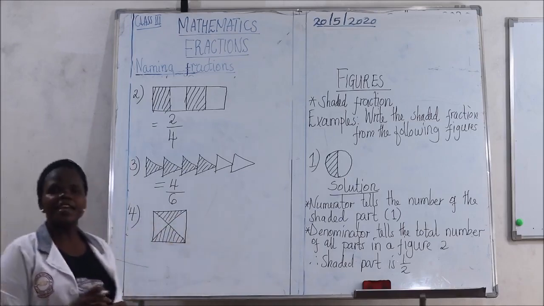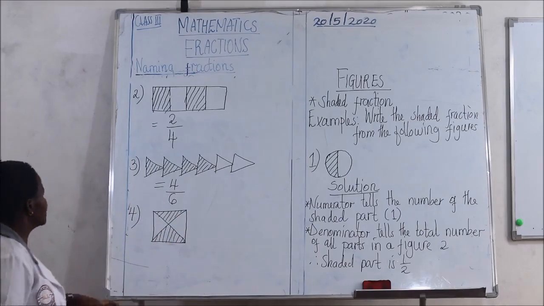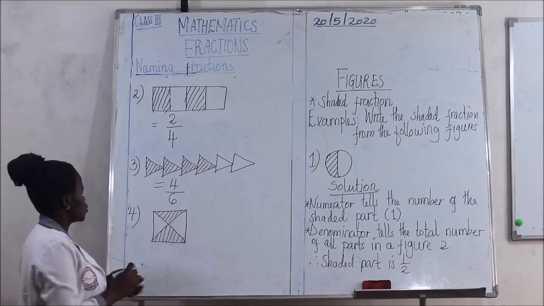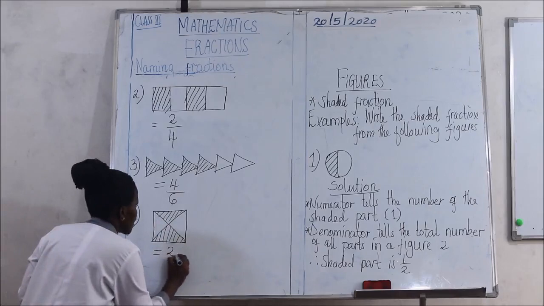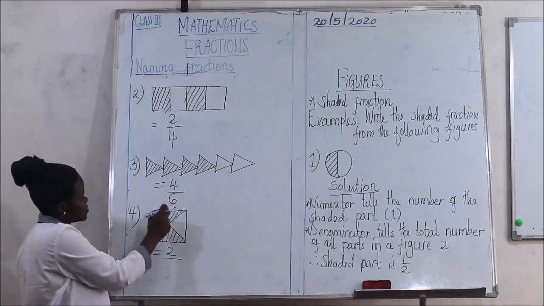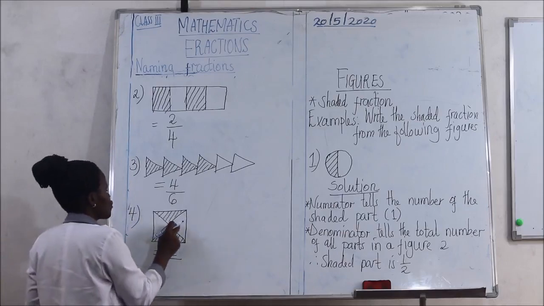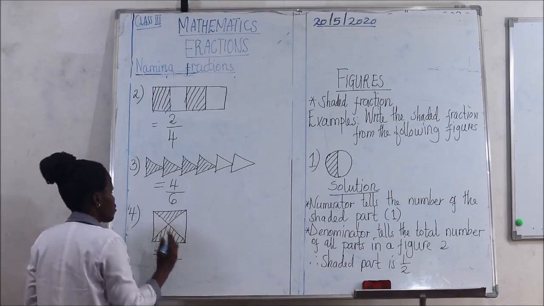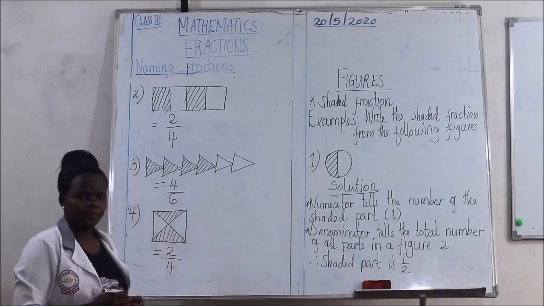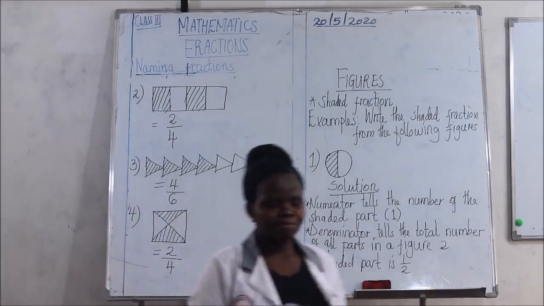As we need the shaded fraction, the numerator will be represented by the shaded ones, 1, 2. So it will be 2 out of the total number of partitions made from this diagram. We have 1, 2, 3, 4. So it will be 2 out of 4. I think we are together on this one.